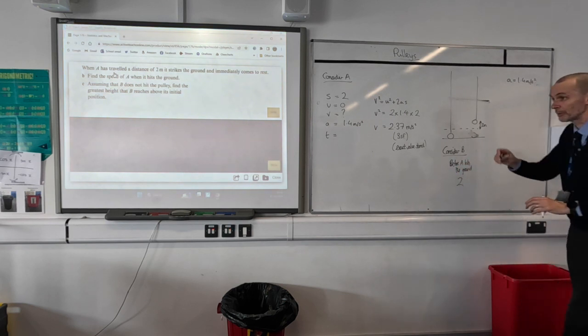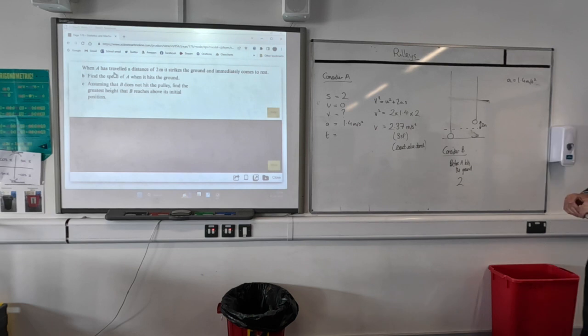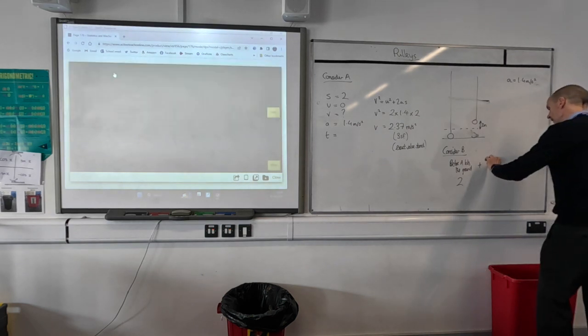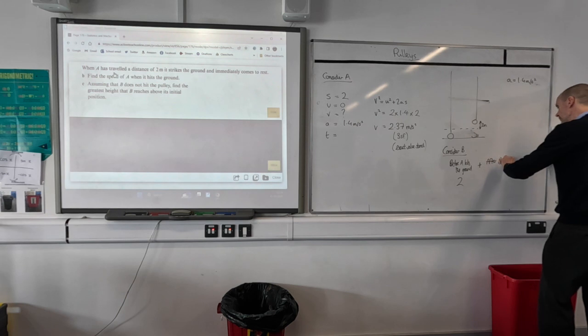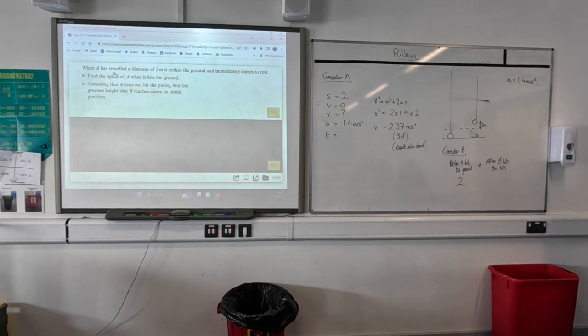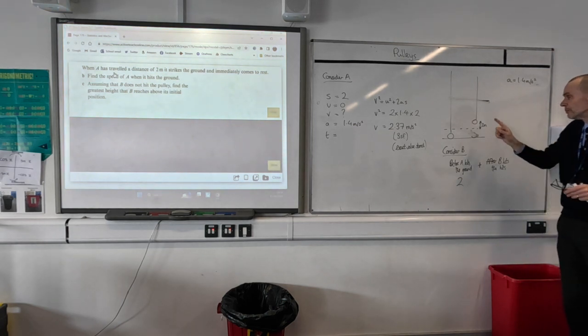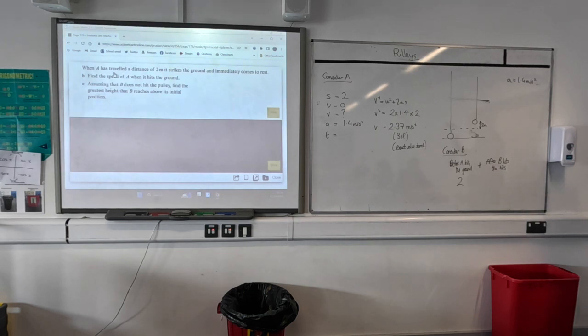We want to know how far it travels in total from where it starts. But B is not going to stop moving. It's going to keep on going up. The fact that A has hit the ground is not going to stop B moving. But it's no longer accelerating at 1.4 meters per second squared, because the string is now slack, isn't it? There's no tension in that string anymore. So B is going to be going up, but its acceleration will be gravity.